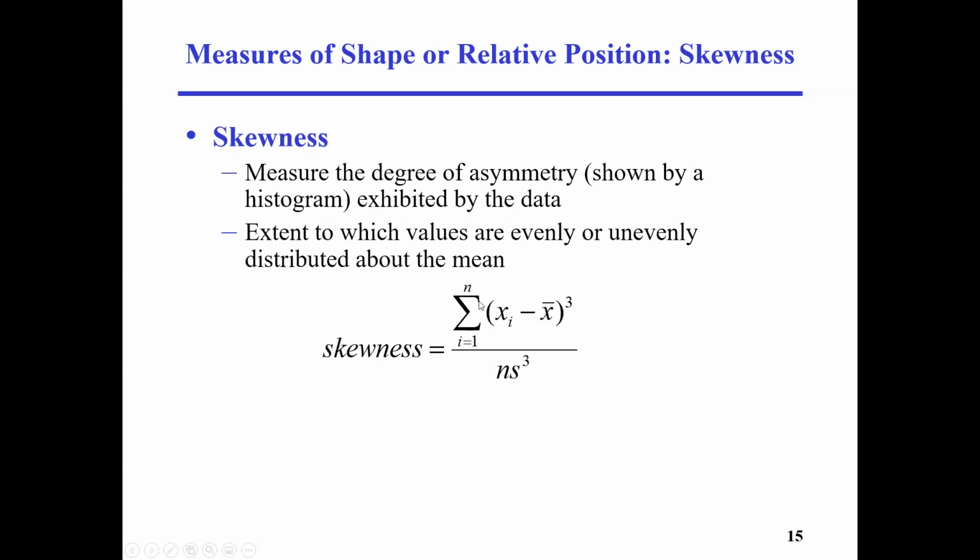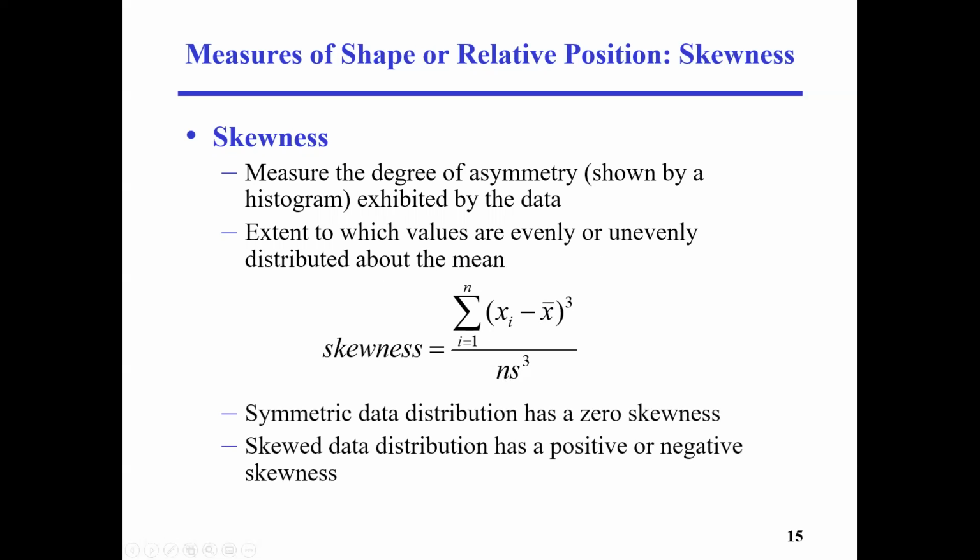You sum this for all observations in your data set, divide that value by n, the number of observations, and then divide that by s to the power of 3. S is the standard deviation. Eventually, a symmetric data distribution has zero skewness. A skewed data distribution has a positive or negative skewness.